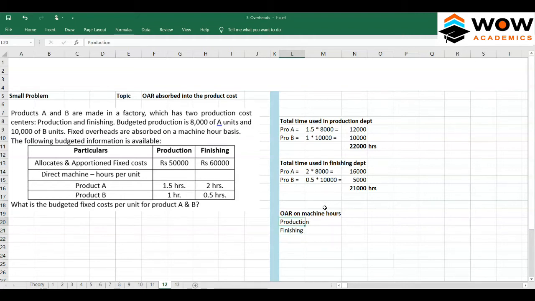The production department has a cost of 50,000, and it takes into account 22,000 hours. So we can find the per hour rate. So this is the per hour rate.